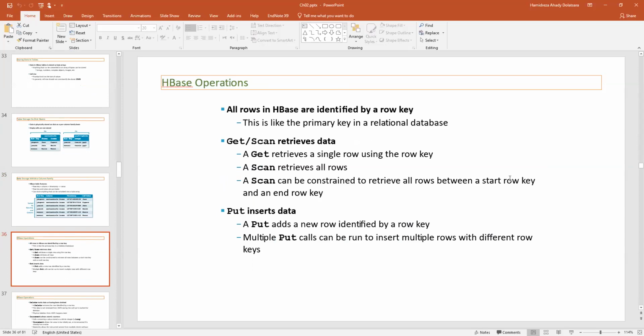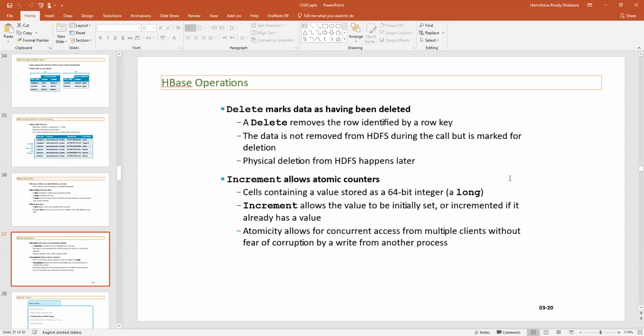The get command gives you one row, and scan brings all the rows. In a scan, you identify the beginning or start key and the end key, and it brings all the rows within that range. You also have a delete command, which removes a row key.